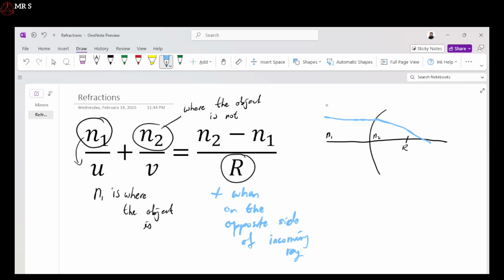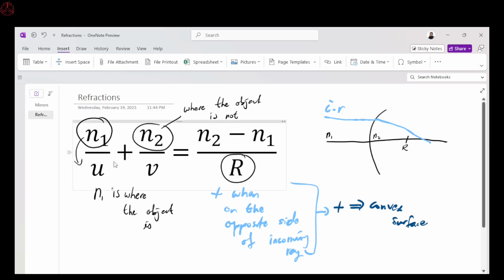If I have my incident ray over here, and then my r is on the opposite side, which is in n2, I'm going to have it positive. So in general, it is going to be positive when you have a convex surface.